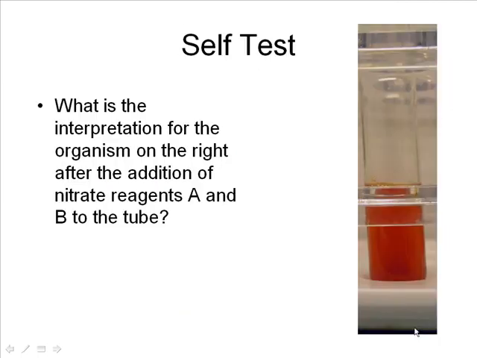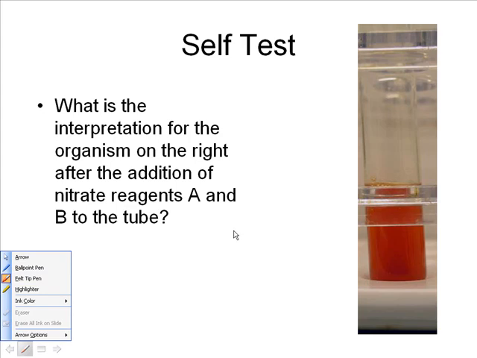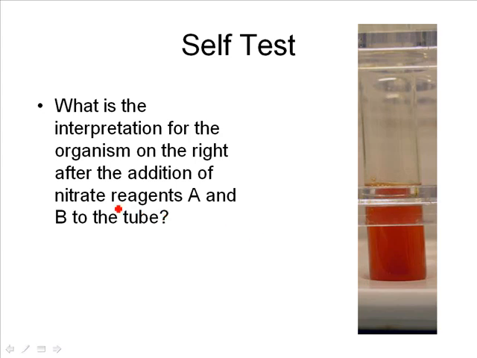Alright, let's start the self-test here. So what is the interpretation for the organism on the right after the addition of nitrate reagents A and B? Now remember, when you're answering these questions, it's going to be very important you realize what's been added to the tube. That's right.